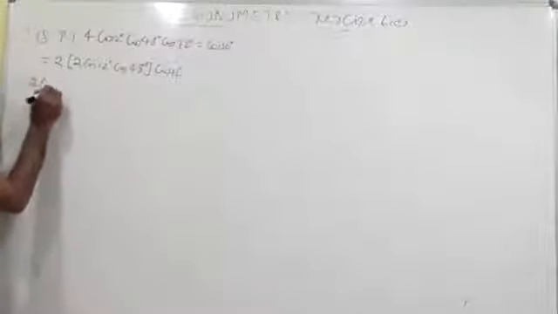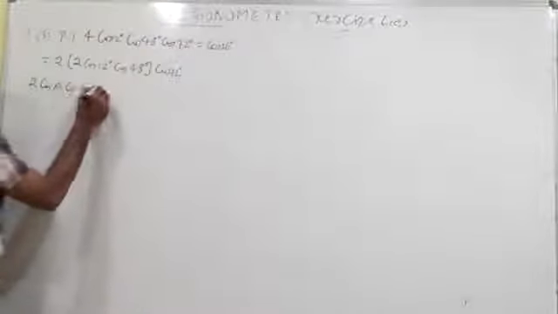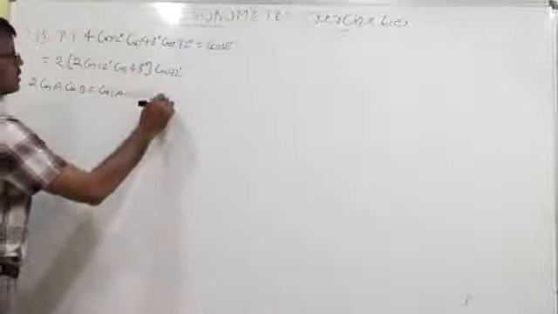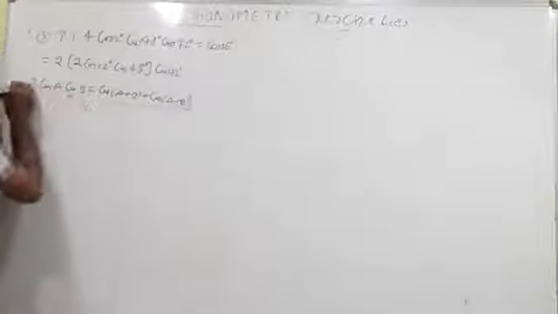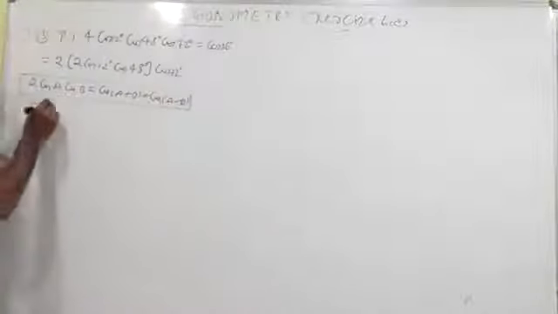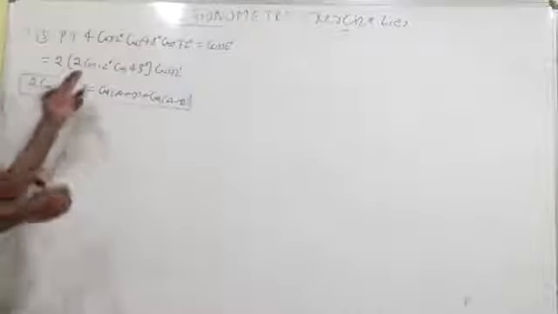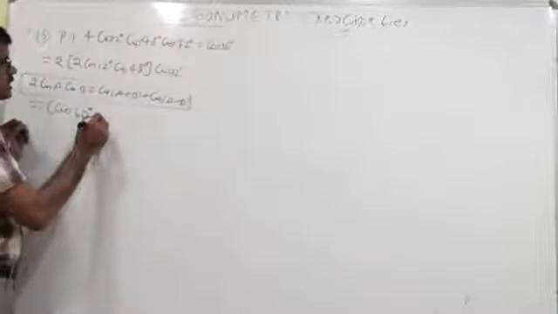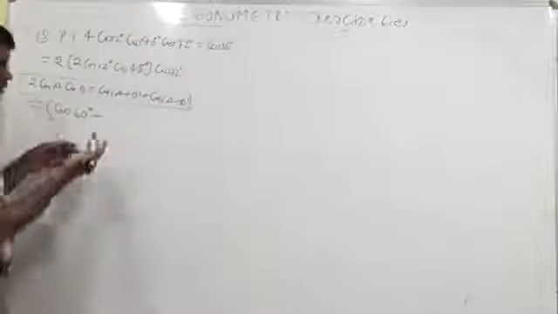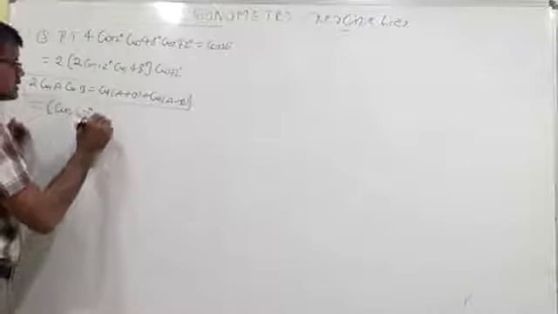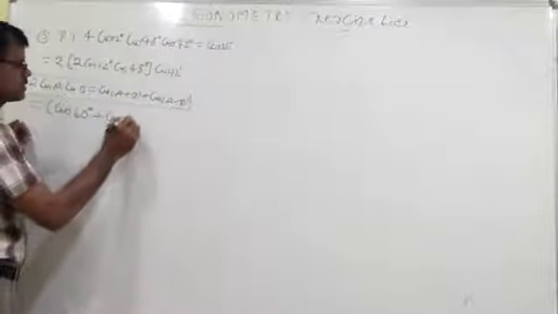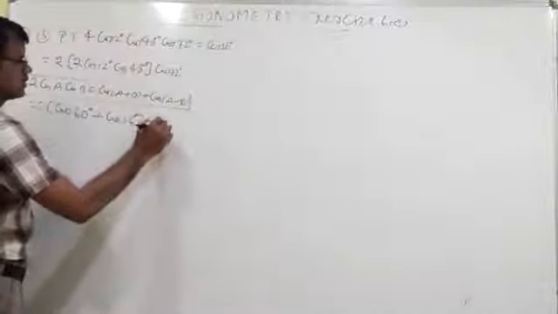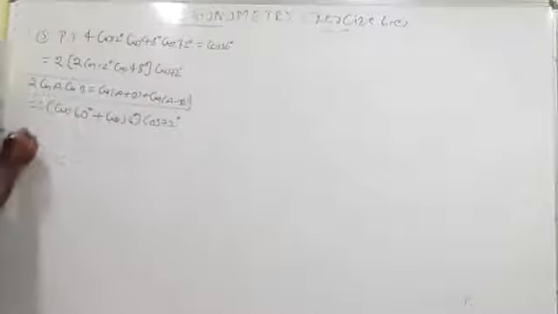Let us remember the formula: 2 cos A cos B is cos of A plus B plus cos of A minus B. That is equal to 2 into cos 12 plus 48 becomes 60, plus cos of A minus B, 12 minus 48 is minus 36. Even though minus 36, for cos there is no minus. That is why simply write cos 36, and outside cos 72 I had written.